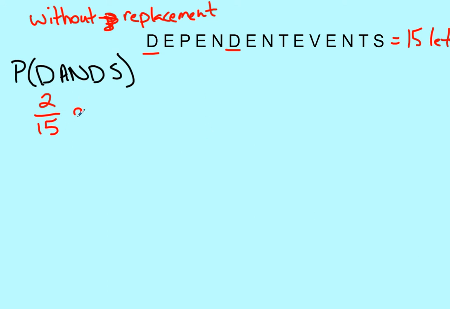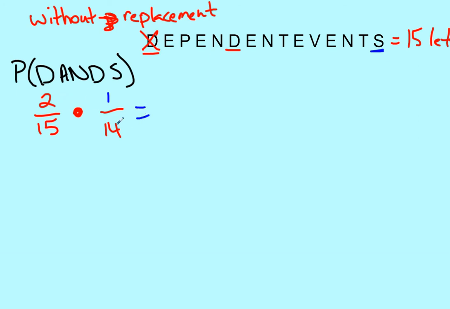Then we multiply. Before we go to the second number, we have to assume that our first choice we picked a D, which means one of these D's isn't here anymore, which means automatically before we do anything else, I know there's only 14 outcomes remaining. We want an S, and there's only one S in the whole group here. It's just 1 out of 14.